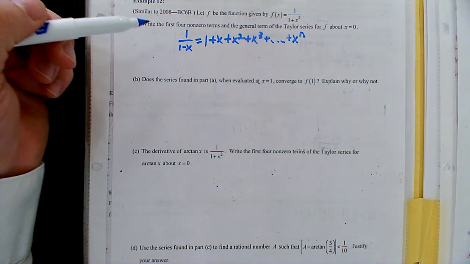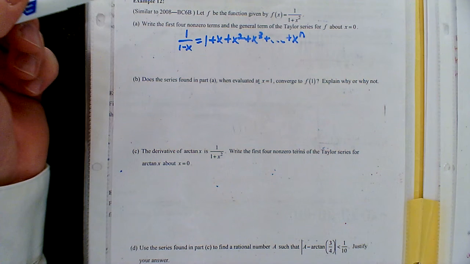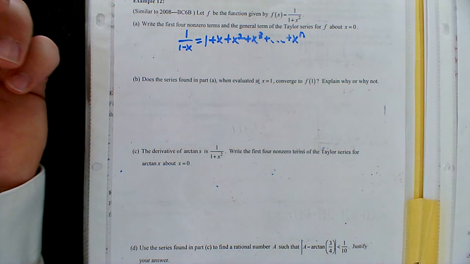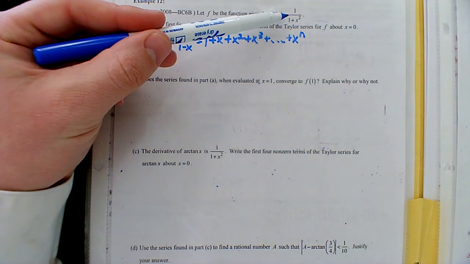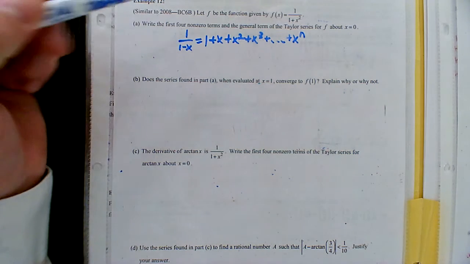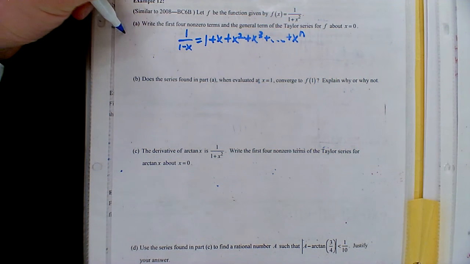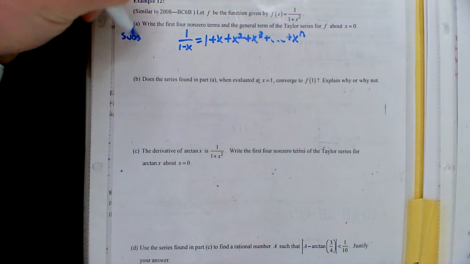So again, that looks like the geometric series. We have that memorized. It's on a note card. But this is the one that we're talking about. So how can we manipulate this one to look like this one? Need to substitute something.